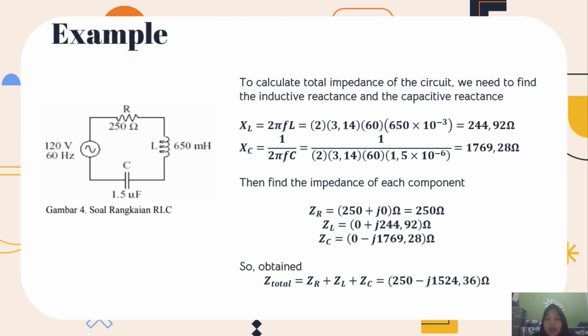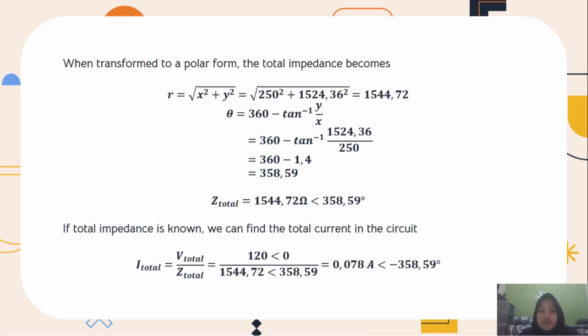Then we add ZR plus ZL plus ZC to get the Z total, and the result is 250 minus j1524.36 ohm.